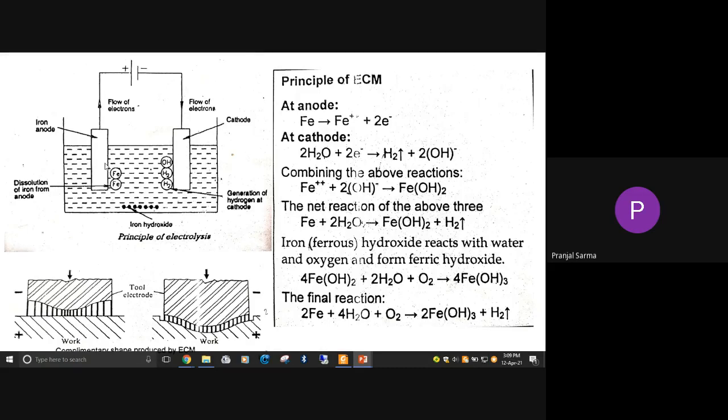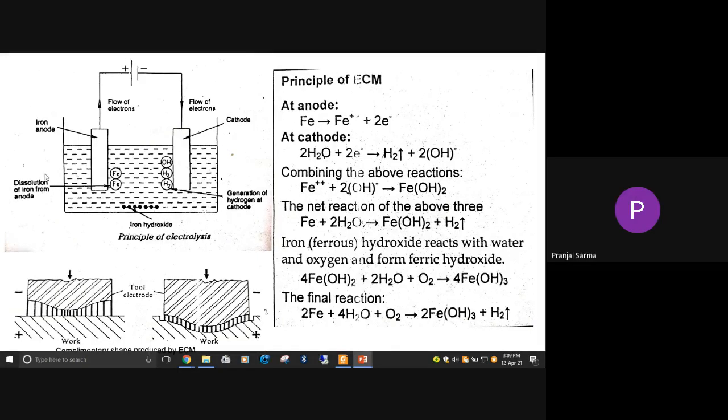Anode means what? It is connected to which terminal, positive or negative? The anode is connected to the positive terminal, and the cathode is connected to the negative terminal.